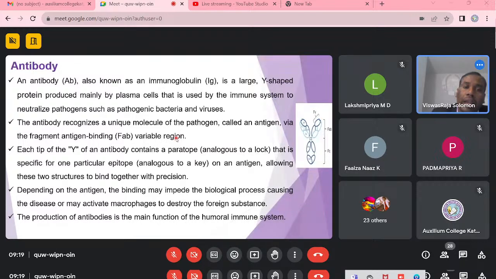This antibody has a unique functionality called the fragment antigen binding. It binds to the antigen very selectively and very exactly. That's why it kills that antigen and cures the disease when the antibody is produced in our body.